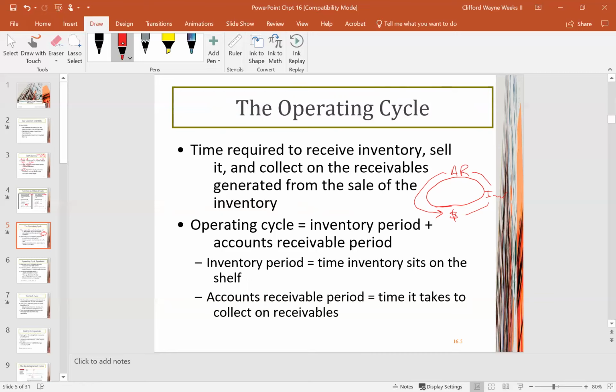How many times can you turn over, going from cash through the cycle? So I use the example: we had $20,000 in cash. With that $20,000 of cash, we purchased $20,000 of inventory. We sell that at 100% markup, for $40,000 on account, and then we collect that $40,000.